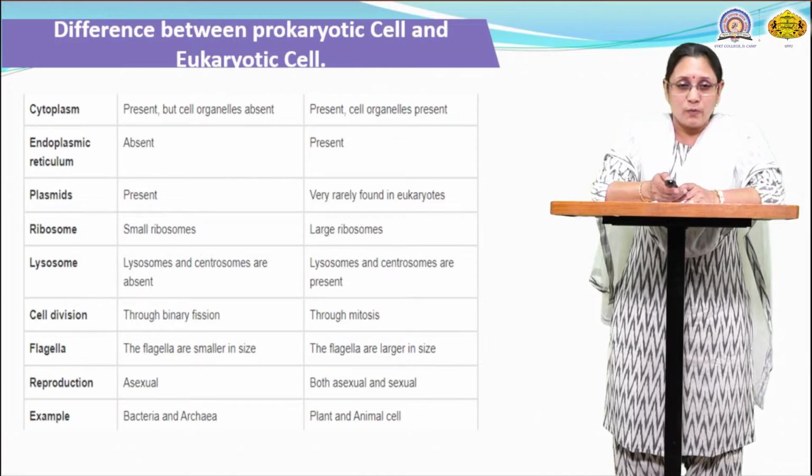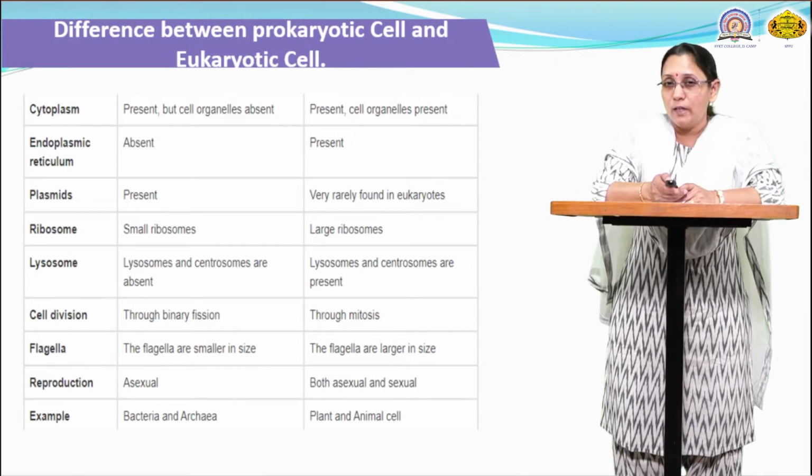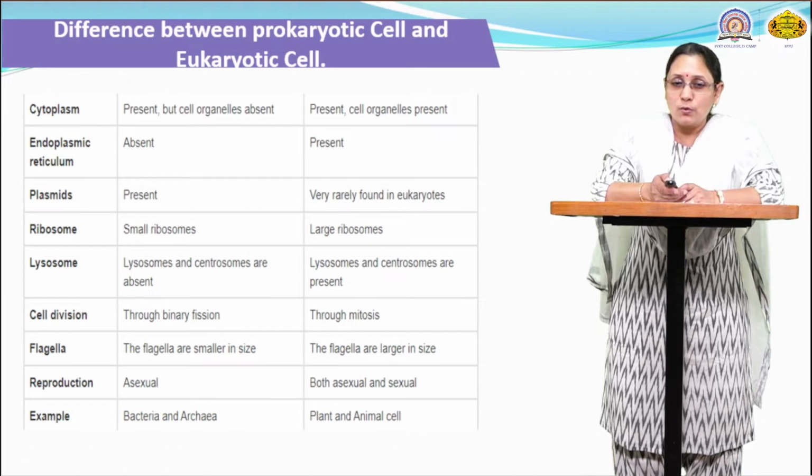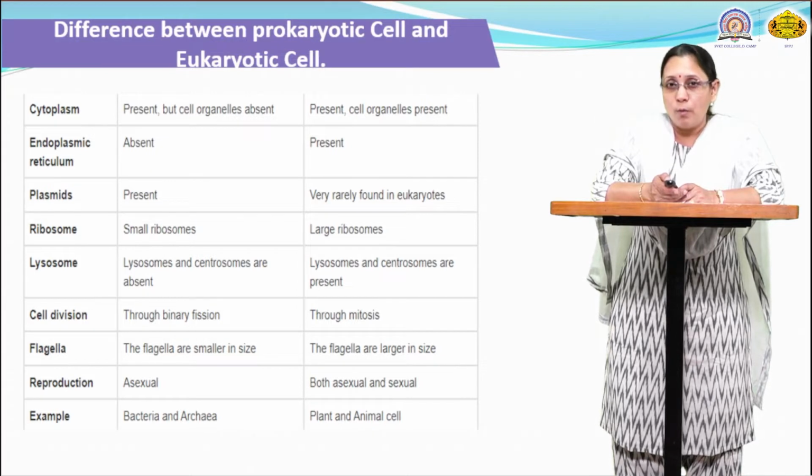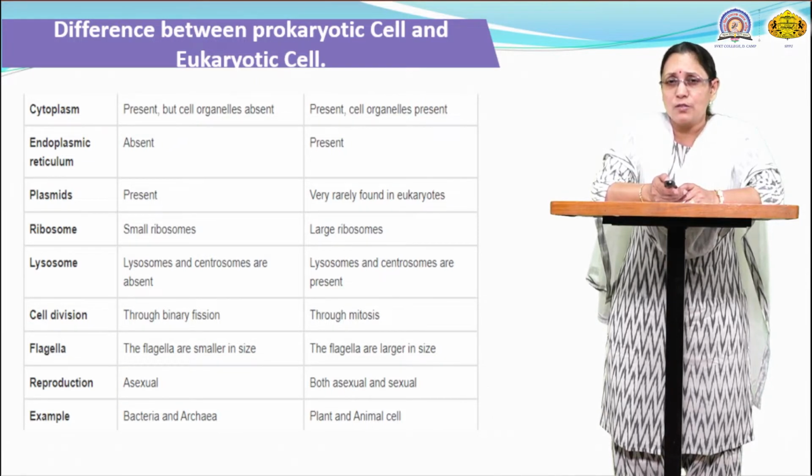Then ribosomes: we saw ribosomes are small, 70S, while in eukaryotes they are comparatively larger, 80S. Then lysosomes and centrosomes are totally absent in prokaryotes, while lysosomes, which are synthesized with the help of Golgi bodies, and centrosomes are present in eukaryotes.